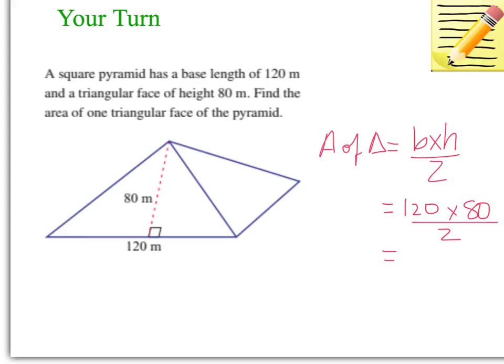Alright, so 120 times by 80, 9600 divided by 2. And I'll have to do some maths. So that'll be 4800 meters squared. And that should be the answer that you got.